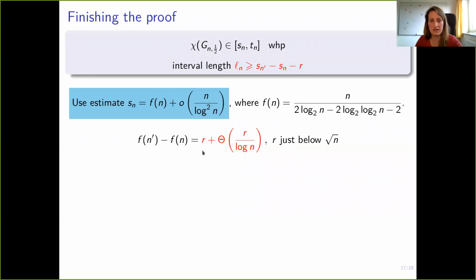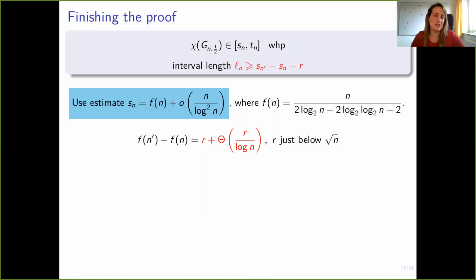Now if you plug this in up here for S_n prime and S_n, you can see r cancels, but we're left with a term that is basically exactly what we want. It's r, the number of extra alpha sets we have available, divided by a log factor, which kind of makes sense.